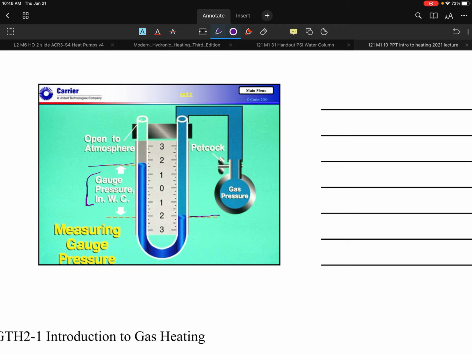So whatever the pressure would end up being, what is the difference in the height from this point all the way across to this point. So just for example, in this particular instrument, I think the image might be a little bit deceptive here.